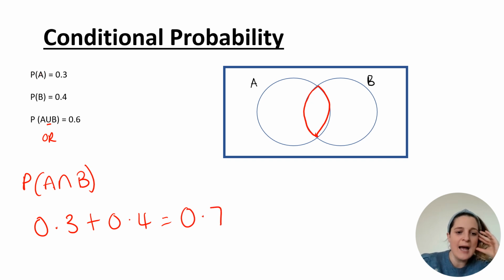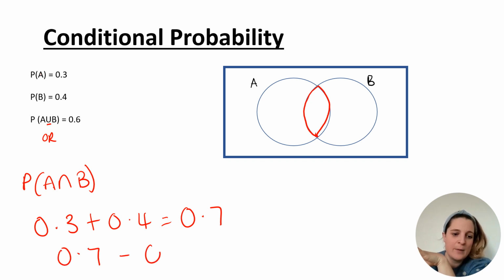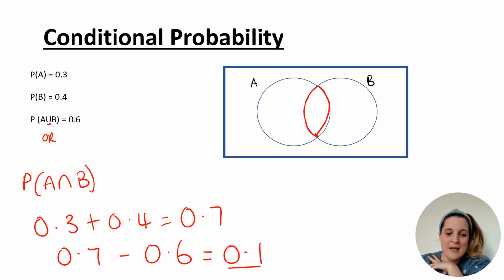However, I know that actually A or B has to add up all together to make 0.6. So if I do 0.7 take away 0.6, I get the crossover, that intersection. So I know, therefore, that the probability of both A and B happening is 0.1, and I can put that straight in my Venn diagram.